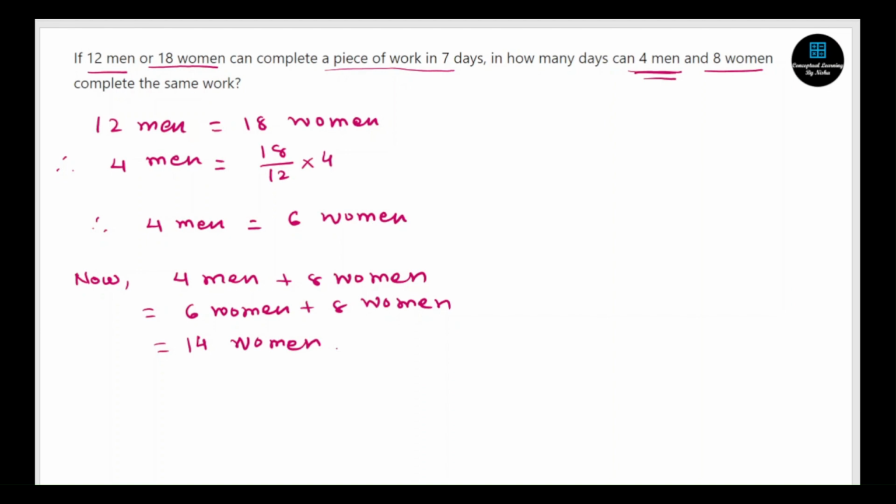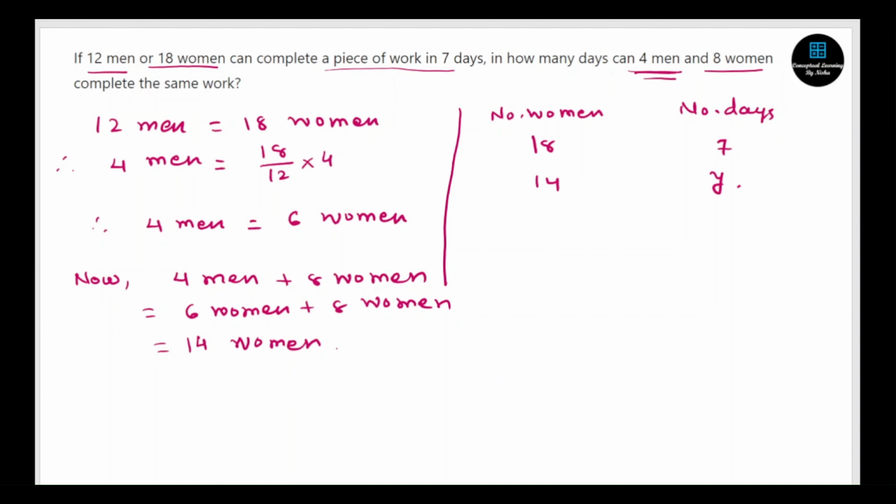Now see, my question will change like this: in how many days can 14 women complete the same work? Now this is a simpler form. Okay, now what do I have? 18 women can complete a piece of work in 7 days. If I write the number of women and the number of days, 18 can complete in 7 days, so I have to find in how many days 14 can complete it.